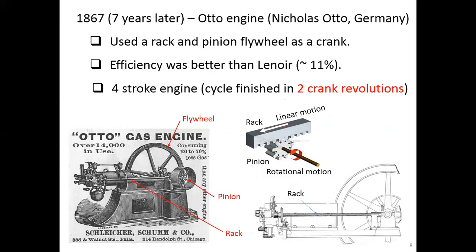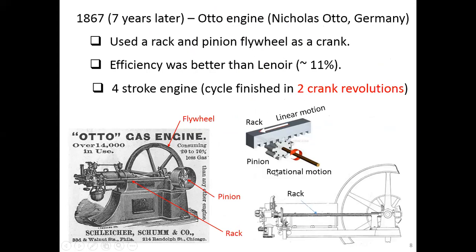Seven years later, we start to have the Otto engine. Otto is the name of the German engineer, Nicolaus Otto. This engine used a rack and pinion flywheel as a crank.